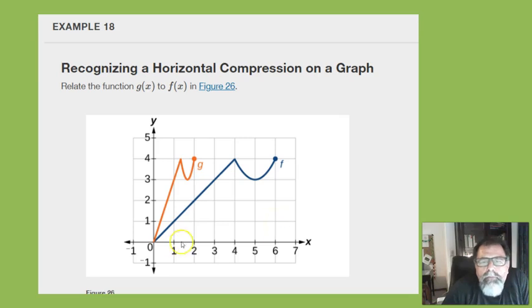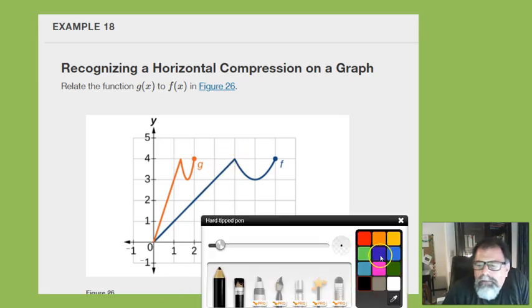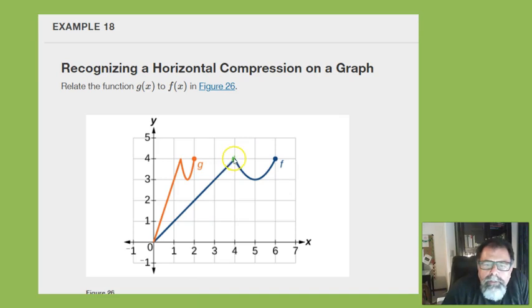So again, what I look for is usually endpoints or vertices, or like this point right here. I could see that the transformed point is right there. So that looks like it's doing some kind of transformation, compression horizontally.